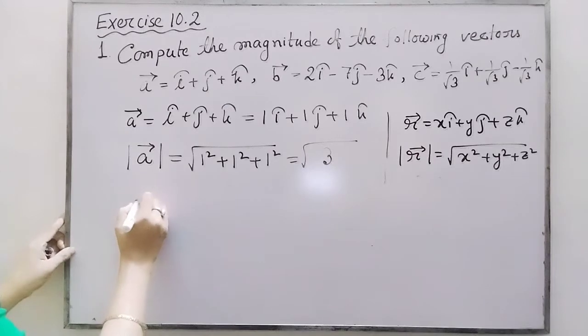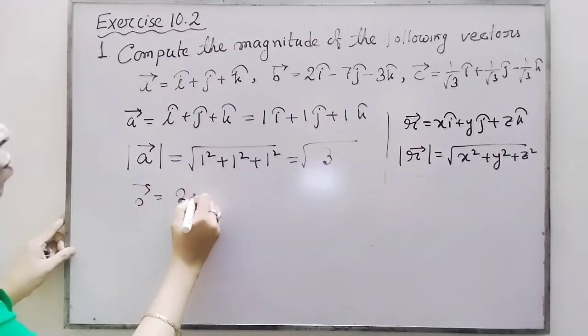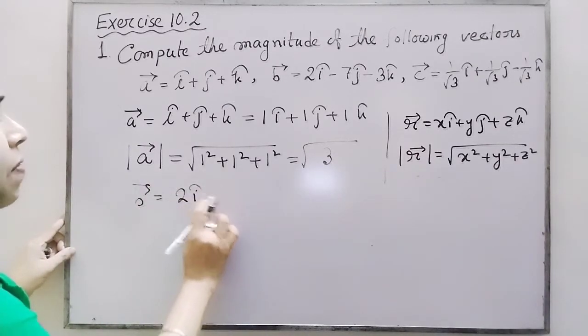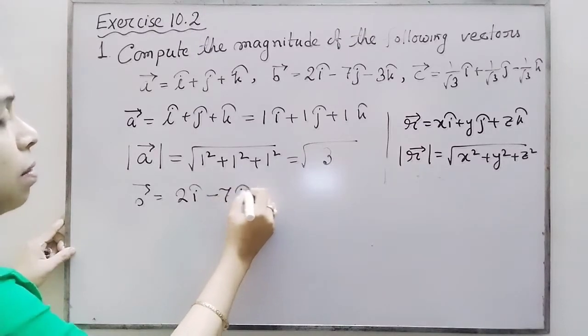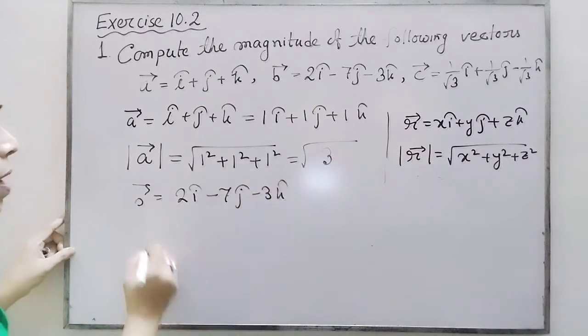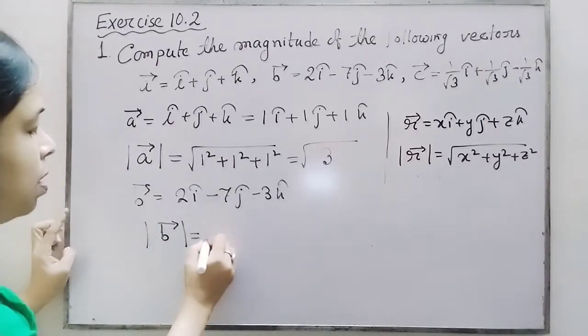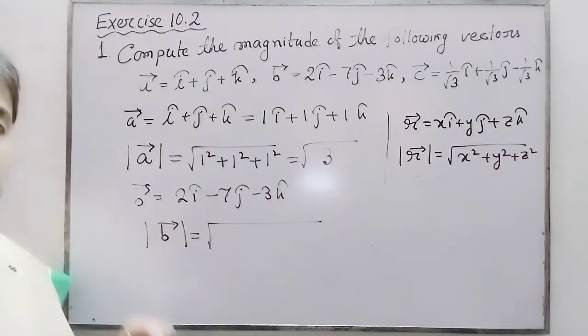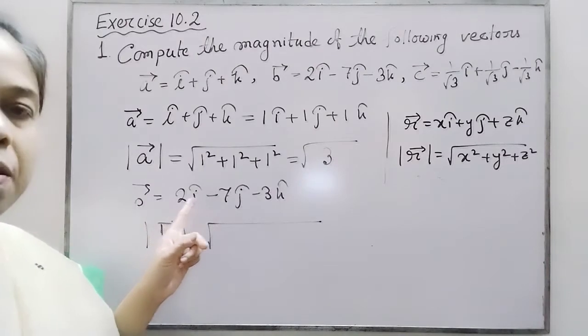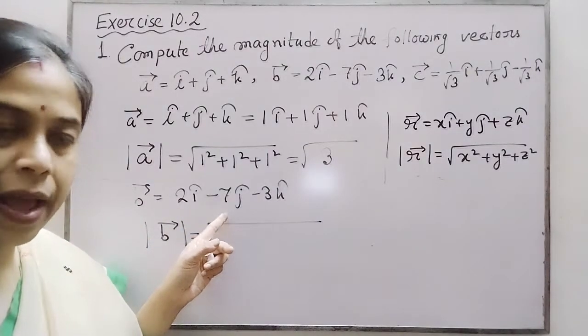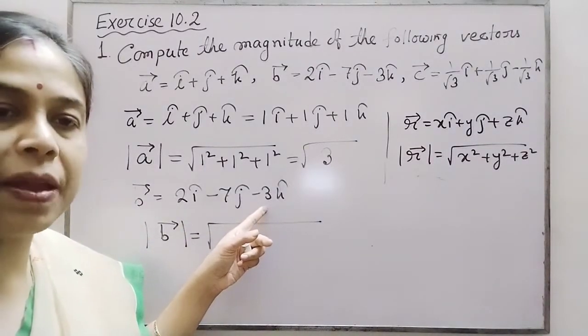After this, let us go to b bar. B bar is 2 i cap minus 7 j cap and minus 3 k cap. Here also you see the magnitude. Magnitude of b bar is the coefficient of i cap squared plus coefficient of j cap squared plus the coefficient of k cap squared.